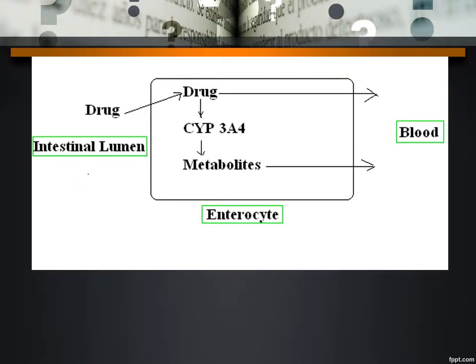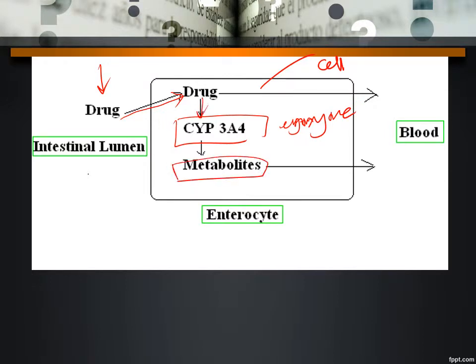For example, this is a cell of your intestine, and when your drug comes in and passes through the membrane, the cytochrome P450-3A4 enzyme will metabolize the drug into a metabolite, and this metabolite will go into the blood.